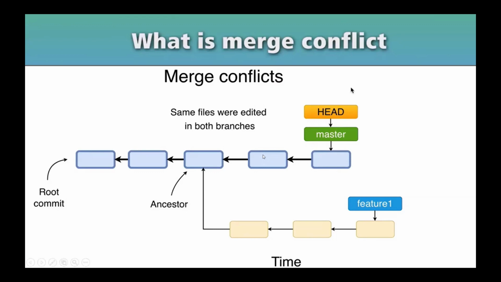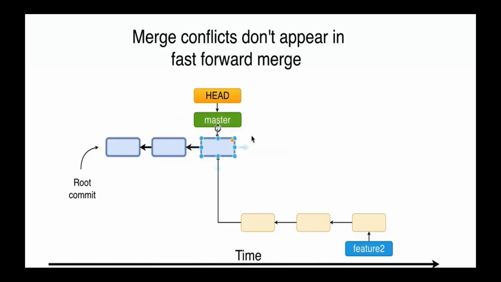So if in this position you try to merge these two branches, you will get a merge conflict error which you have to resolve manually. There is no process to automate it, no automatic merge conflict resolution.